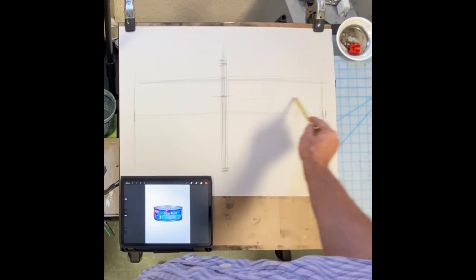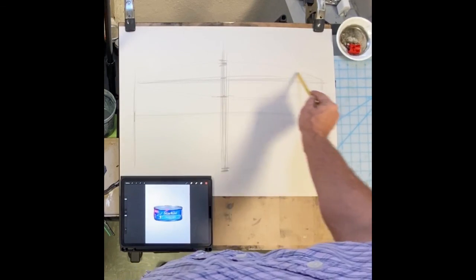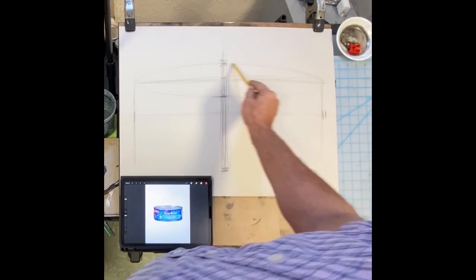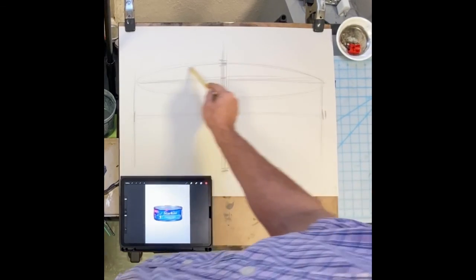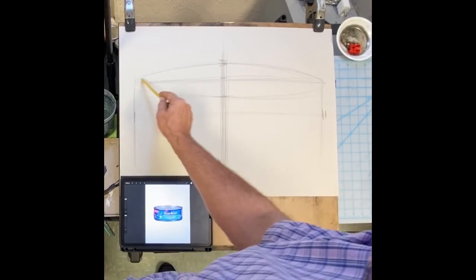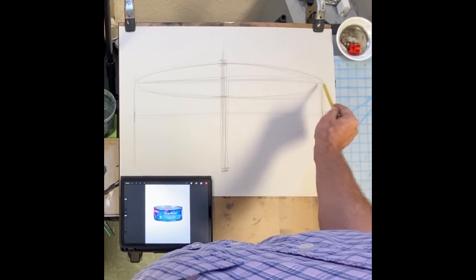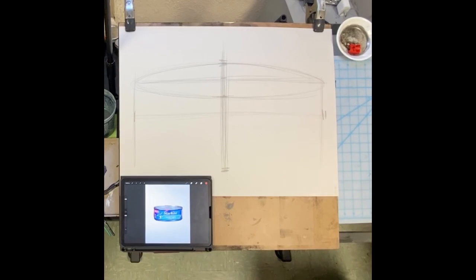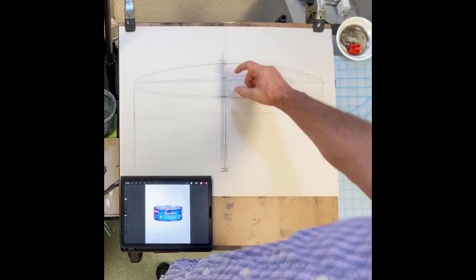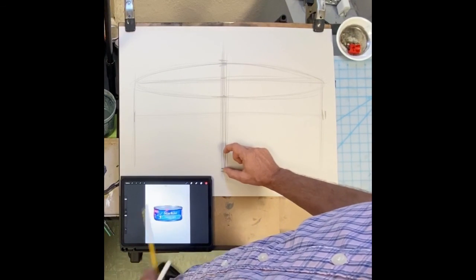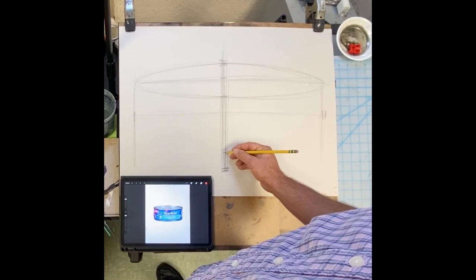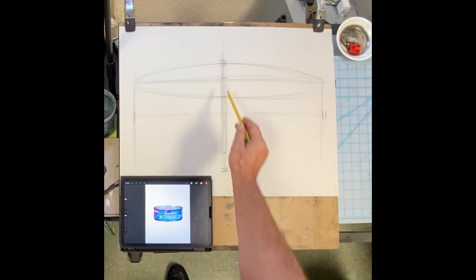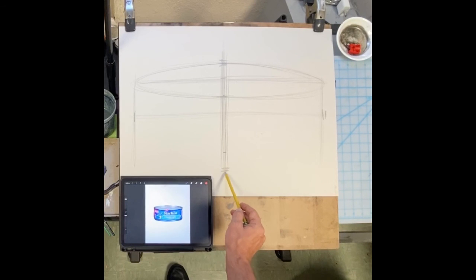And now we start to flesh out the ellipse. And I'm literally like moving my whole body. And I'm increasing the pressure as I get a better idea of that shape. Now I move this line down to here, and I place that half of the ellipse above the bottom of my height.